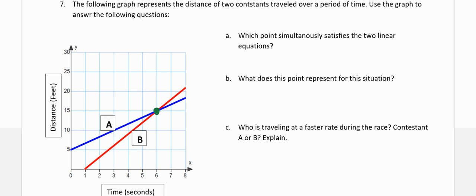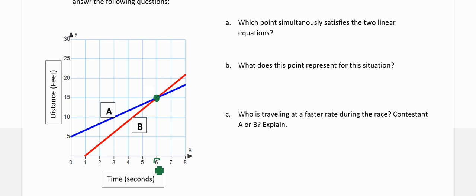So this intersection is at 6 seconds and 15 feet. So at 6 seconds, both racers are at 15 feet. So I'm just going to write this as 6 and 15. So what does it represent for this situation? Well, I'm going to look again. What does 6 represent? Well, at 6 seconds.